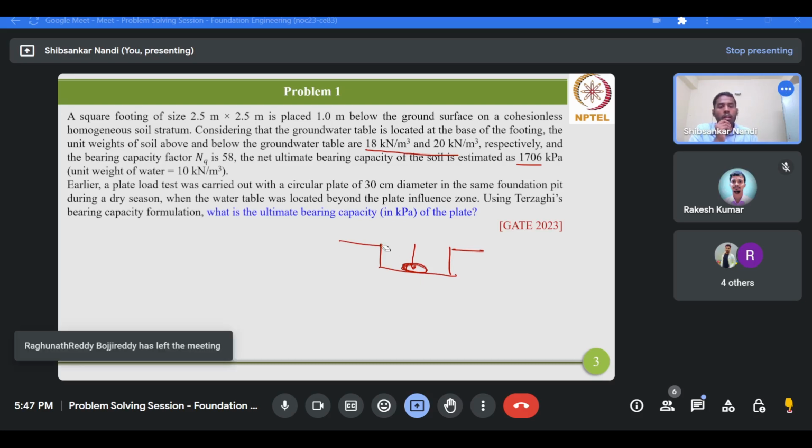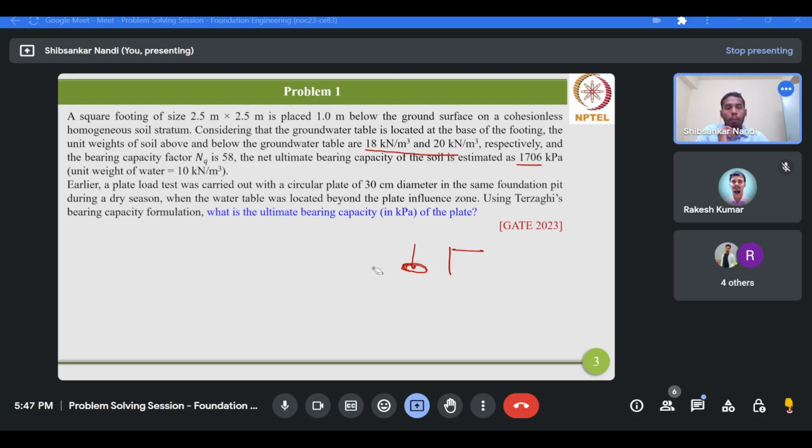Now this is from the test perspective. So first you conduct the plate load test, and on the basis of this test data you predict the bearing capacity for any different size of footing.